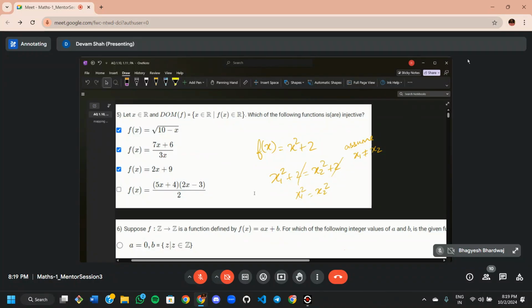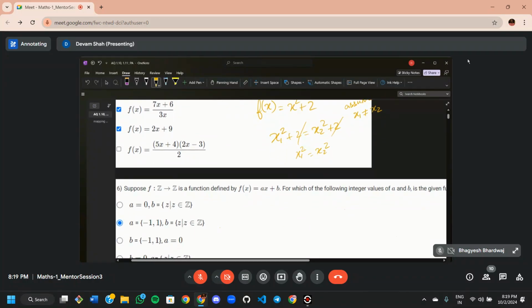Now, you can clearly see that because of the square, the inside thing can be negative or positive. That is, 2 squared equals 2 squared, and 2 squared equals (-2) squared. So here we found one case where x1 is not equal to x2, right? What we assumed is correct. So this is not one-one.